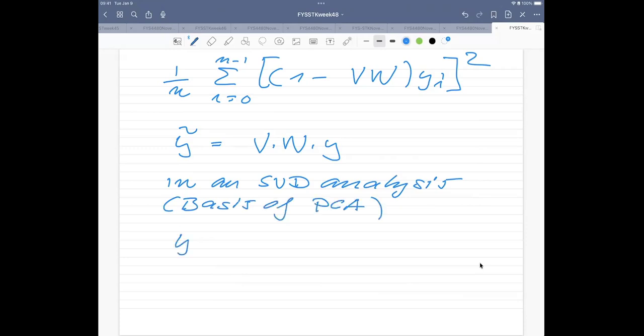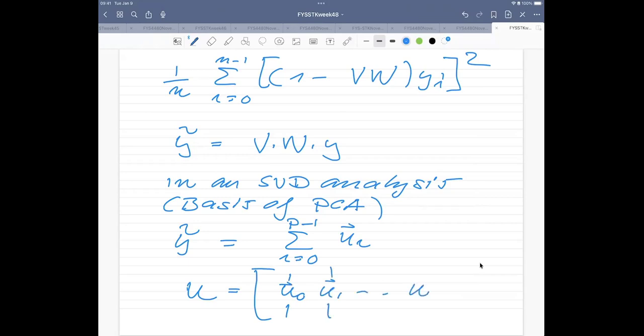What we have is that this Y tilde is formally given by the sum from i equals 0 up to P minus 1 of u_i, the vectors of the matrix U. So this matrix U is given by a set of orthogonal vectors, u_1 up to u_{P-1}.